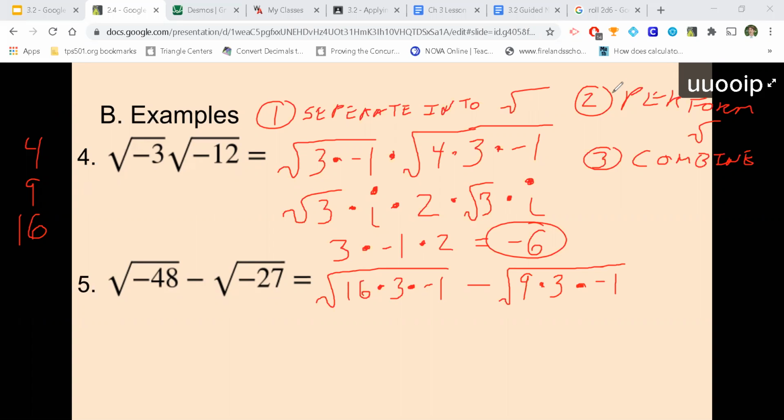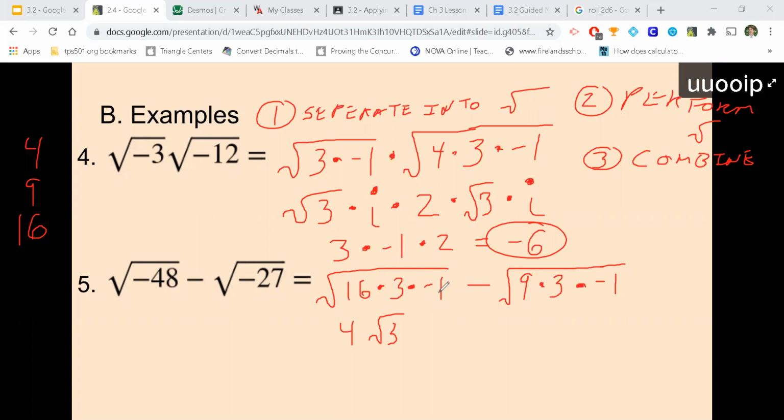Step 2. I'm now going to perform each square root that I can. The square root of 16 is 4. 3 is a prime number. I can't square root it. It would be a decimal, so I'm just going to leave it as square root of 3.